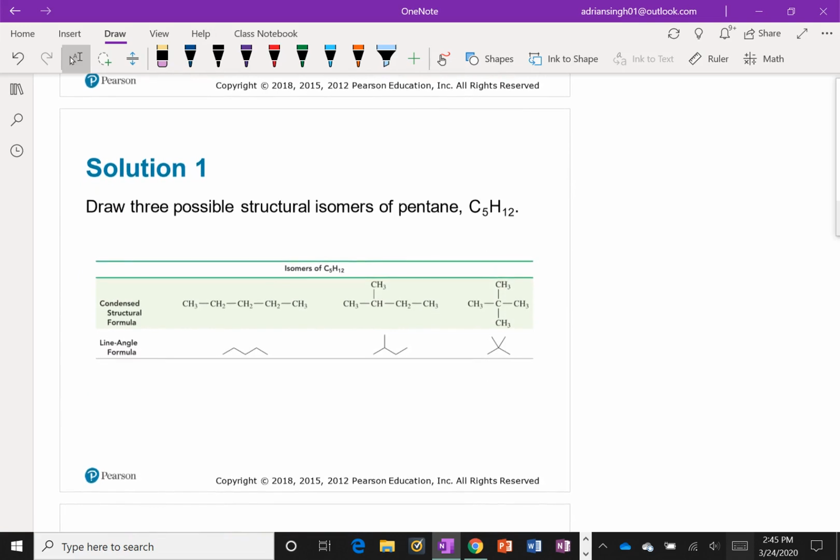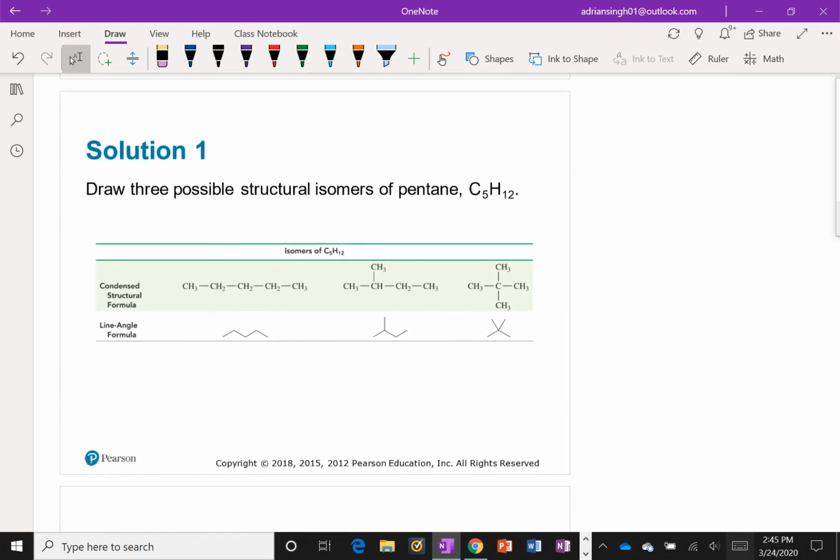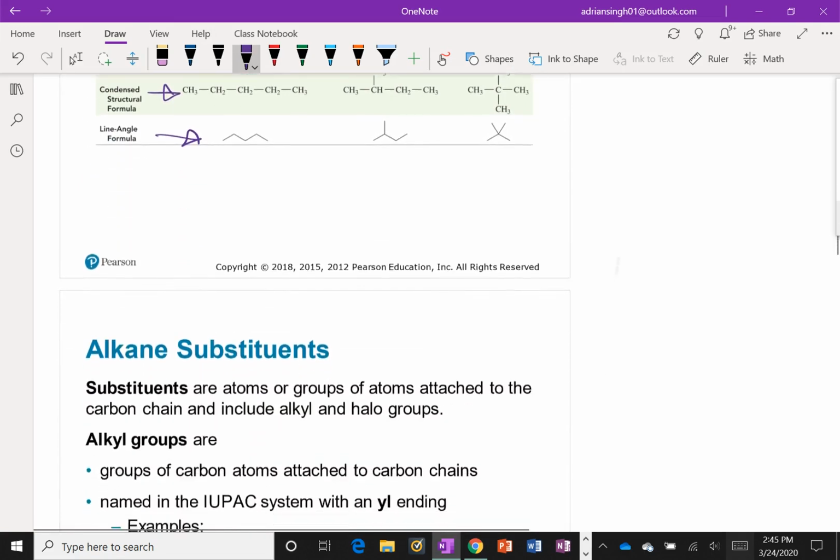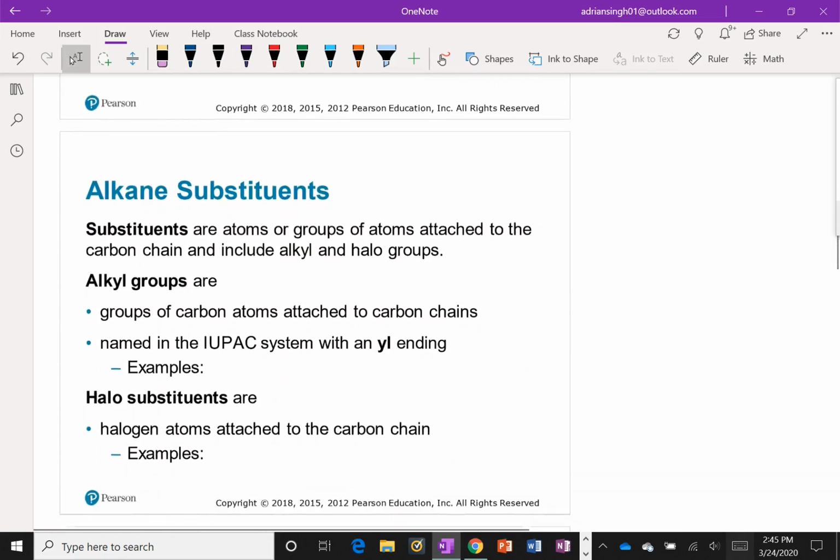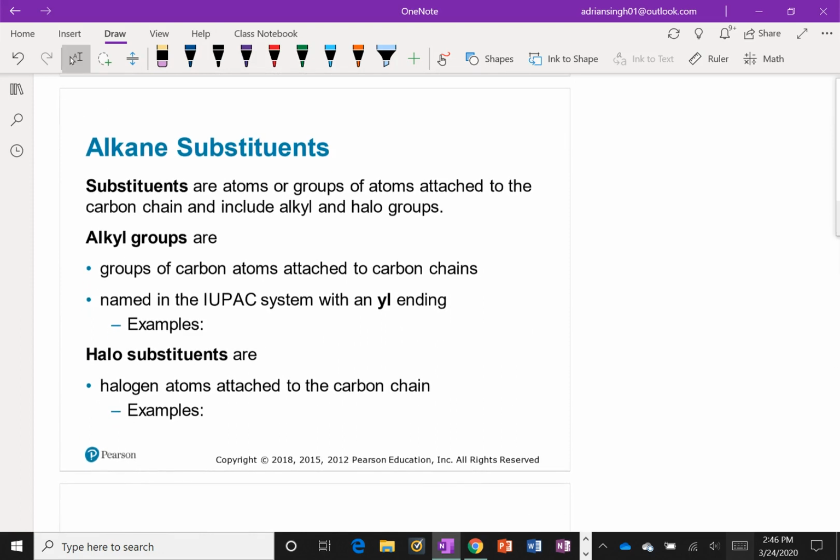Okay, and then we have our 3 isomers shown here, both in the line angle and also in the condensed structural formula. By looking at these isomers, what we've noticed is that we're not always going to see alkanes or even hydrocarbons that are just straight chains. What we're also going to see are branches that are coming off of that chain. And the technical term that we give to branches are substituents.